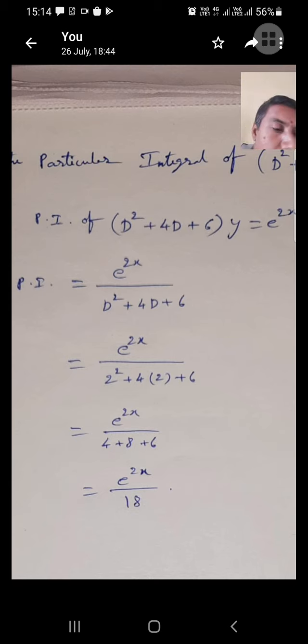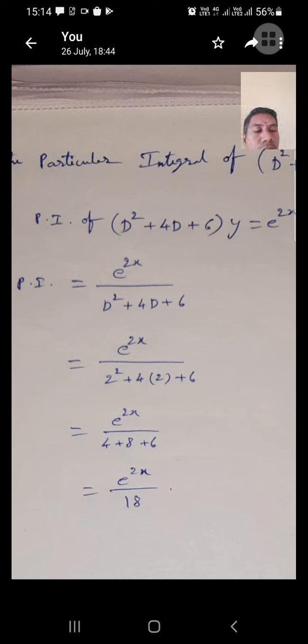So here also the same condition: if the denominator is not 0, we can substitute and simplify. If it is 0, we have to do it another way, using another formula or method.